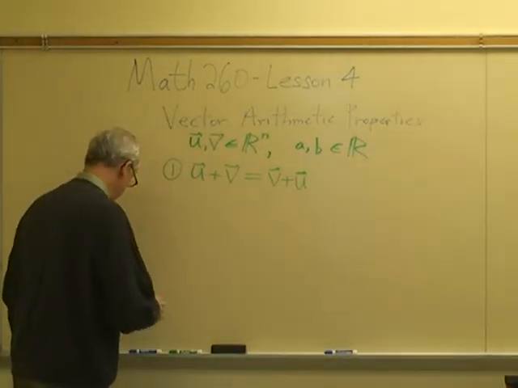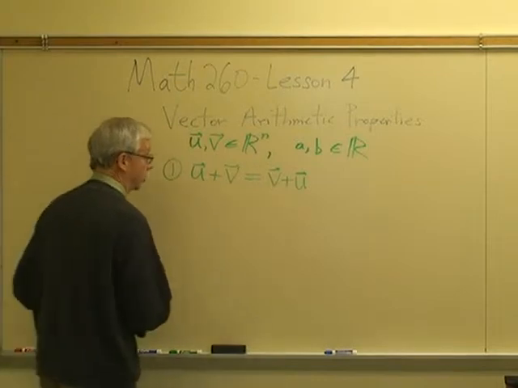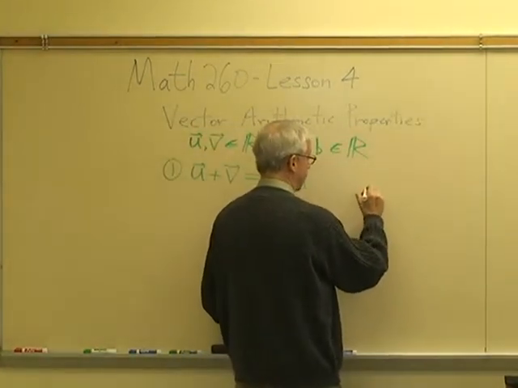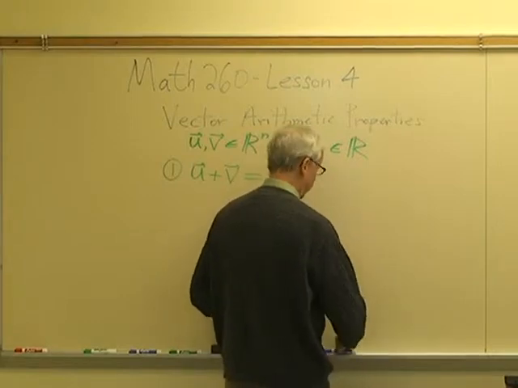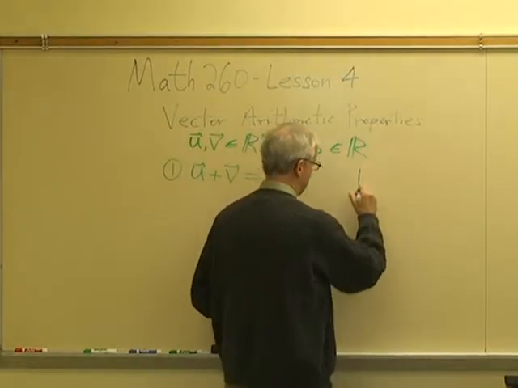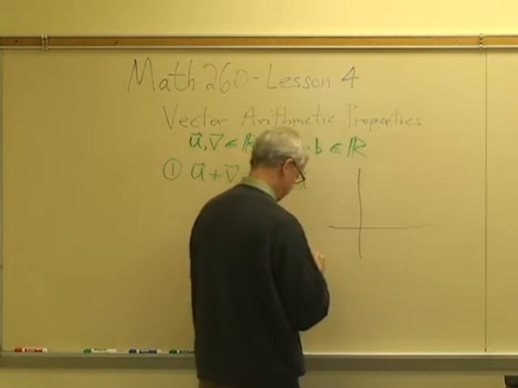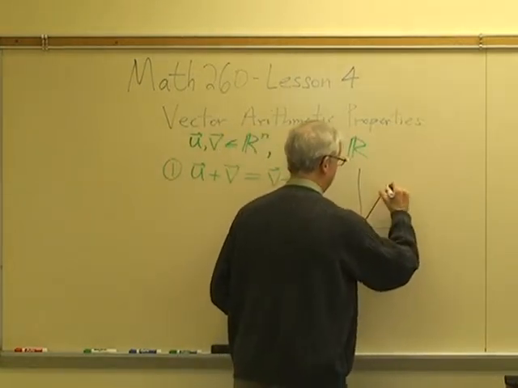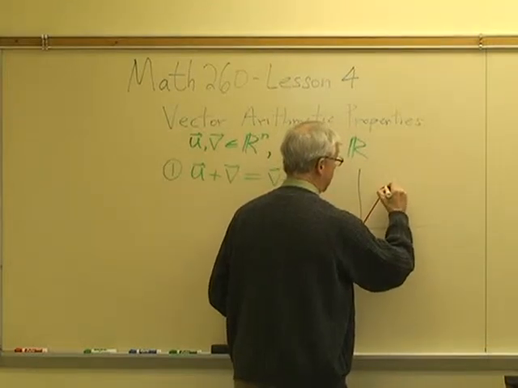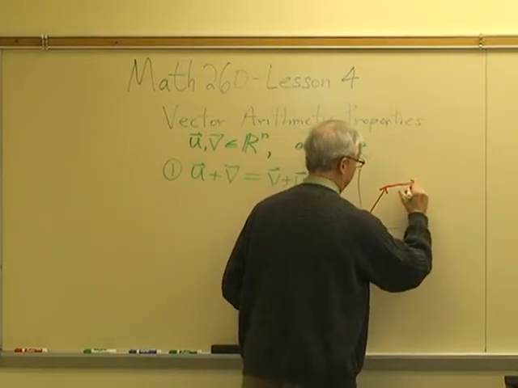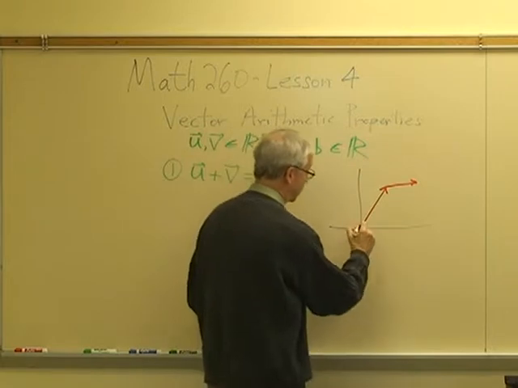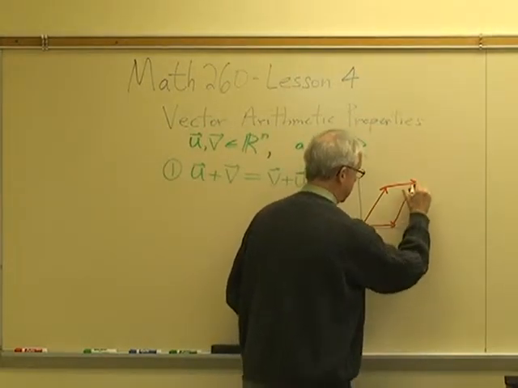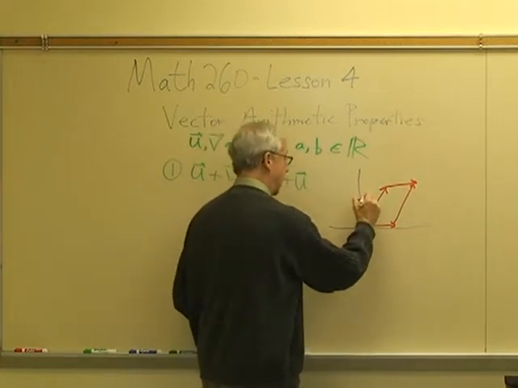And remember, we actually proved this geometrically, or saw this geometrically, by the parallelogram rule, or the head-to-tail addition rule for vectors. If I take two vectors in the plane and add them, there's u and there's v, or there's v and there's u, the sum is the same no matter which way I add them.